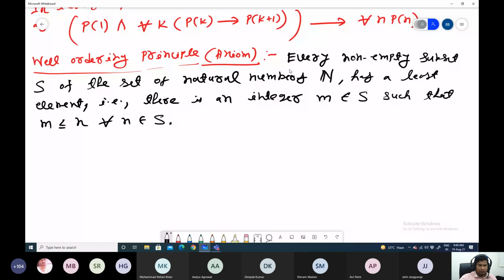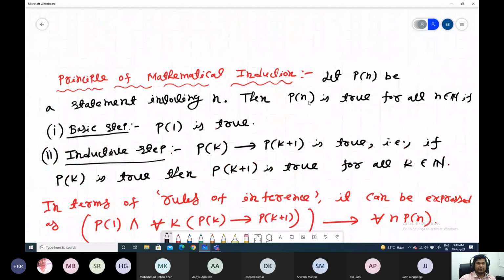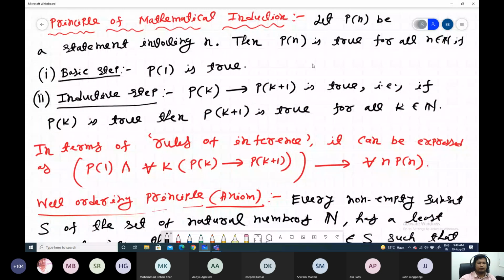Now if we assume this as an axiom, and this is an axiom actually, then we can prove the principle of mathematical induction. In fact, you can prove that the Euler ordering principle and the principle of mathematical induction are equivalent.